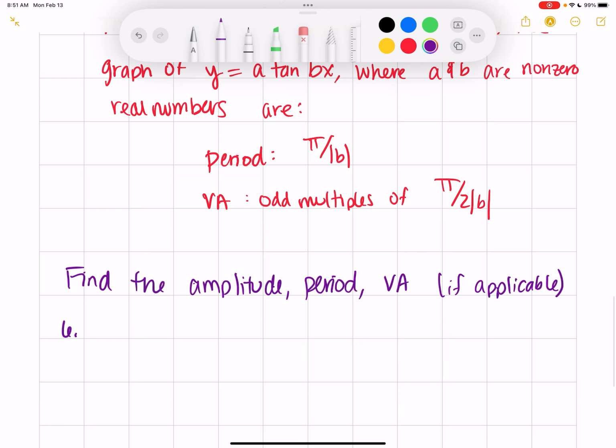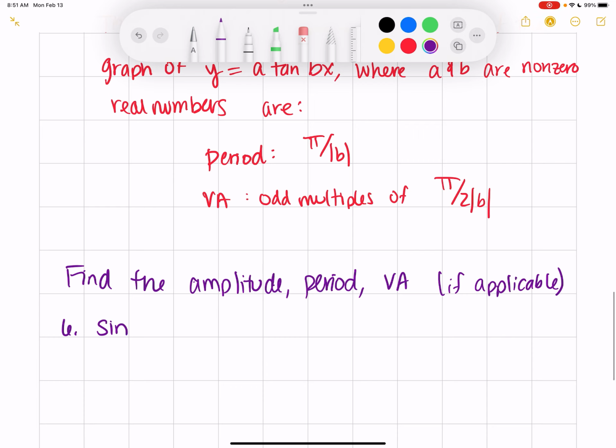So with number 6, we have the sine of 1 over 5 x. Amplitude and period are applicable for sine. So my amplitude is going to be equal to what?